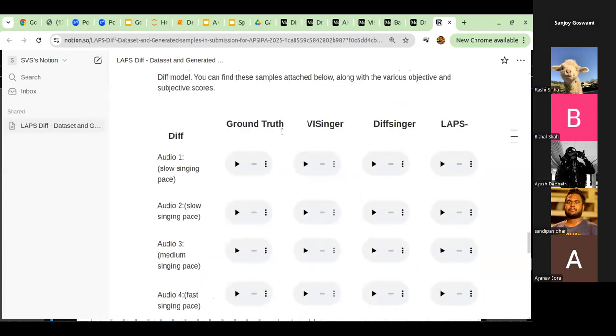Let me play something. So this is the ground truth, the original data. We expect that once the model is trained with all the original data, it is supposed to be given any audio. Then we found these samples.